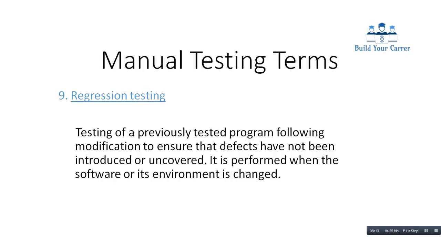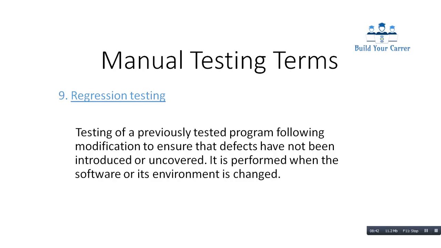Developers will provide addition, subtraction, multiplication, all these functionalities. Now the tester knows that he has to check the multiplication and subtraction functionality, but he has to also test the addition functionality. Why? Because he has to see that the current functionality available in the system or the software should not break.